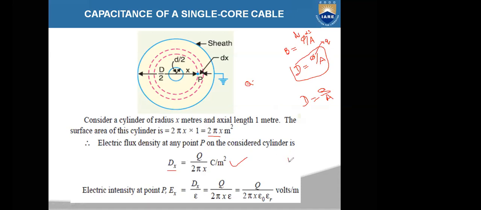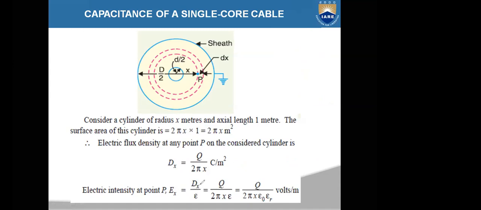Now from the flux density you can calculate the electric field intensity E. Electric field intensity E is equal to flux density by epsilon. You also know this formula, right? So at a point P, Ex is equal to Dx by epsilon naught.